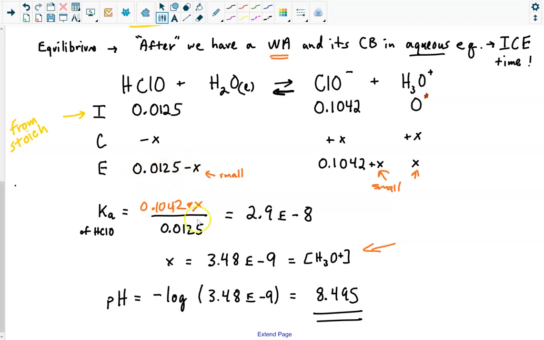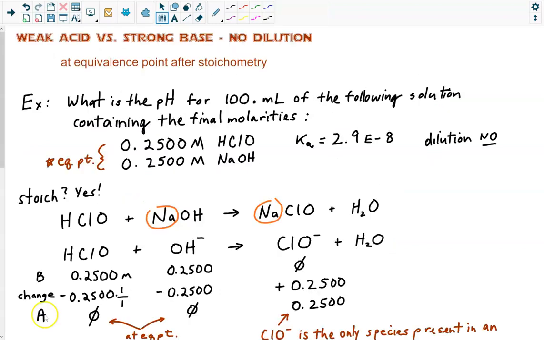And so what ends up happening is, you have a greater concentration of the conjugate base than its acid, and so it ends up at a basic pH. That's maybe surprising, but not once you look at the concentrations that were present.